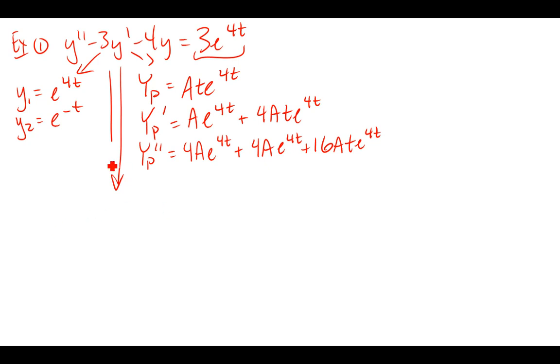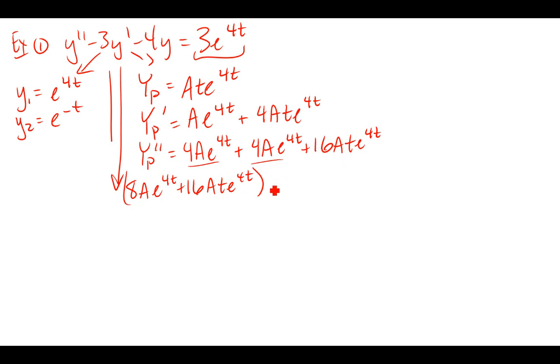All right, so y double prime, that's all of that mess there. Now, let's be a little bit clever, I suppose. I don't really need 4a e to the 4t plus another 4a e to the 4t. That's, of course, 8a e to the 4t. So when I plug that in, how about I save us a little bit of space here and say that's 8a e to the 4t plus 16a t e to the 4t. So that's y double prime.